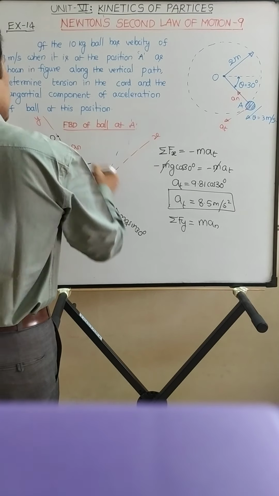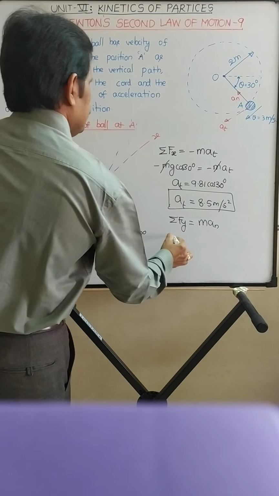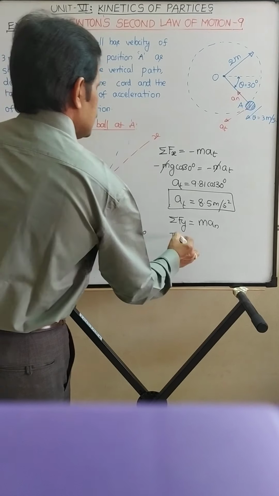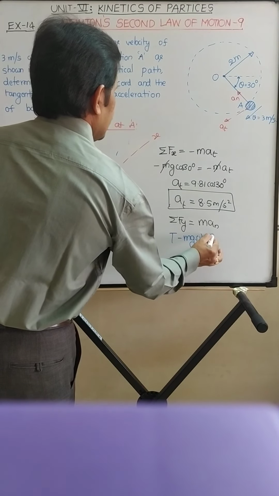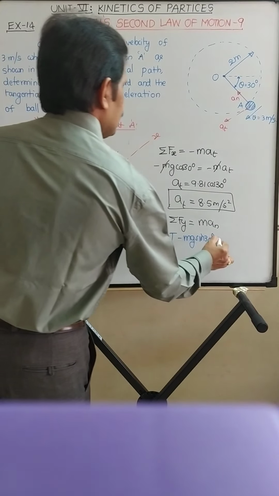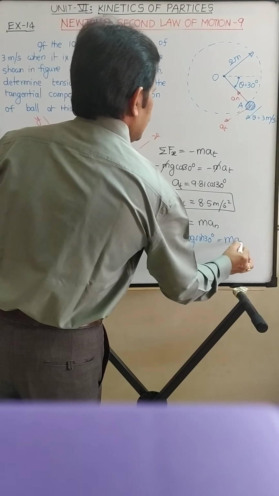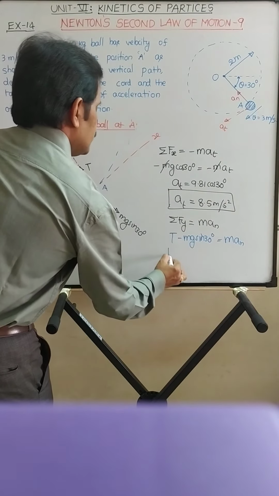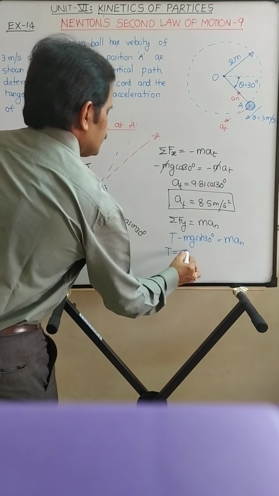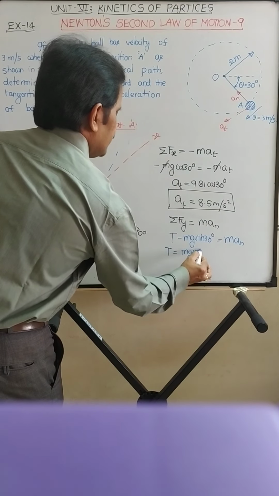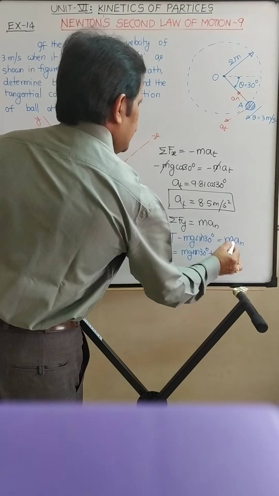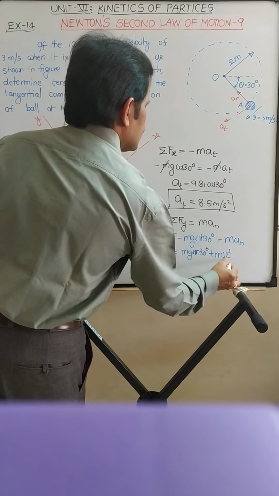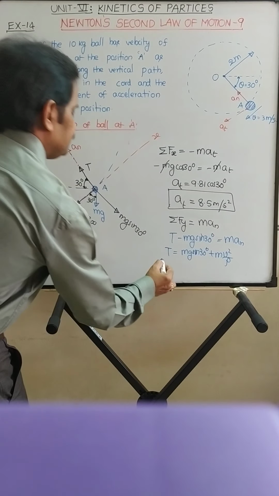So in y direction, what are the forces acting? Plus T minus mg sin 30 is equal to m an. So T is equal to mg sin 30, right, plus m an, that is m v square by rho.